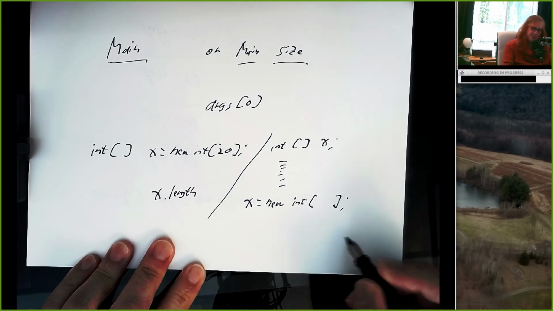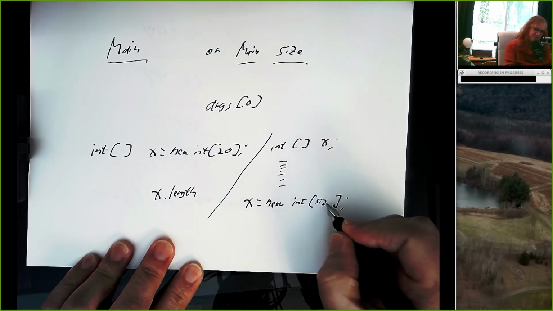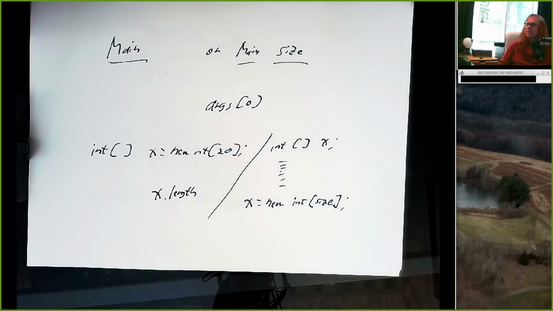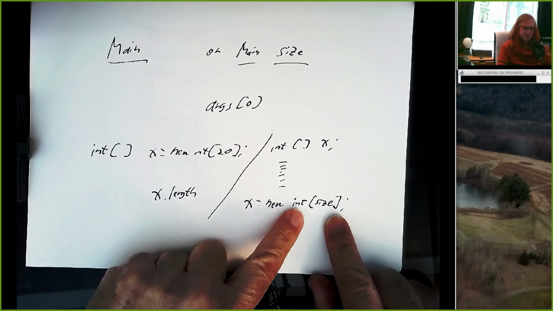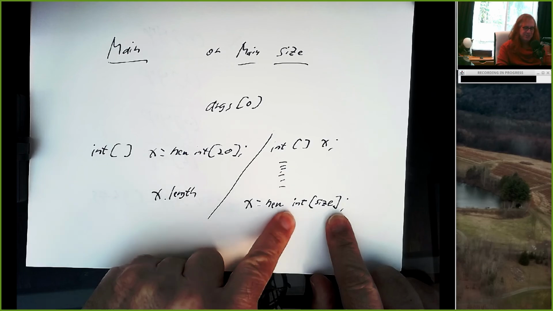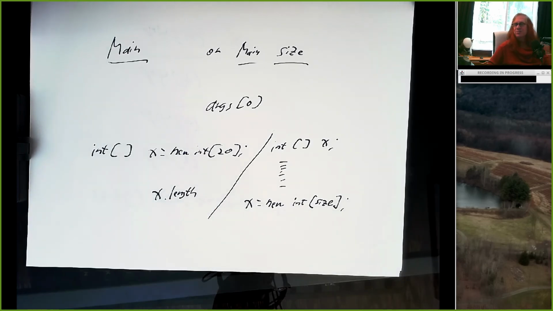And this could be an integer, or it could be a variable or some expression that evaluates to an integer. And again, it's kind of like malloc, like mallocing size of int times something. As long as this evaluates to an integer, this will construct an array containing that many integers, and it'll set x to be a reference to that.